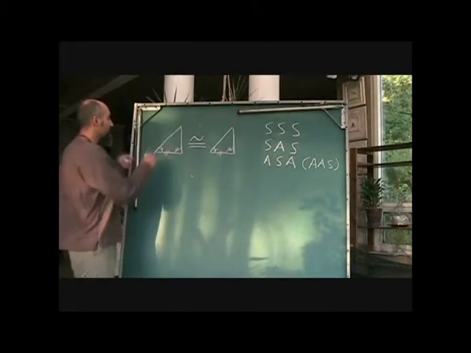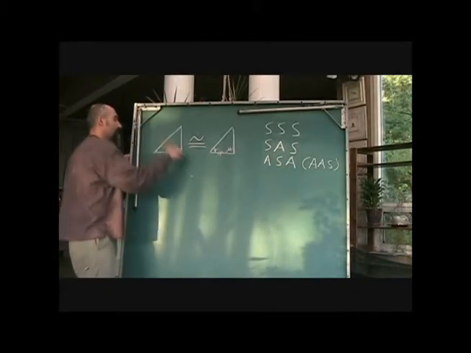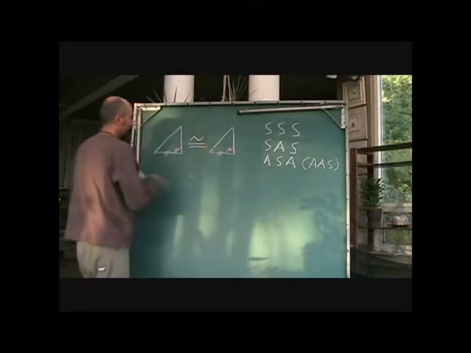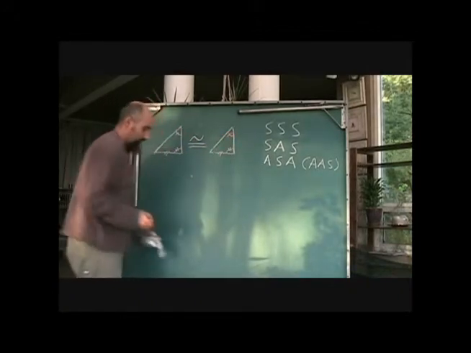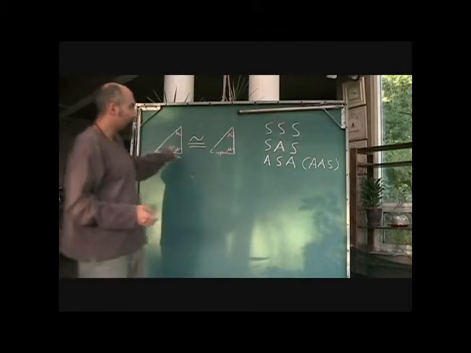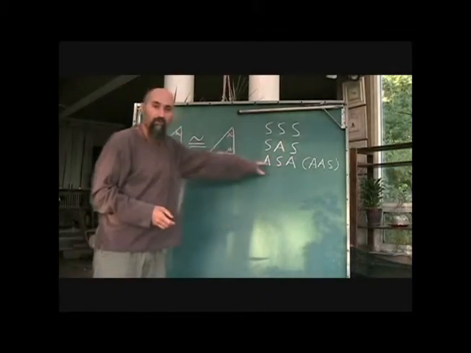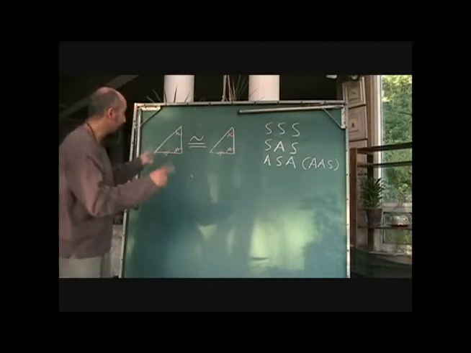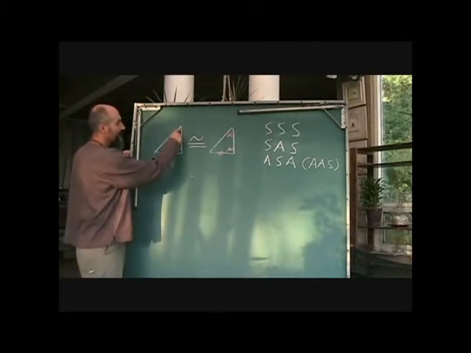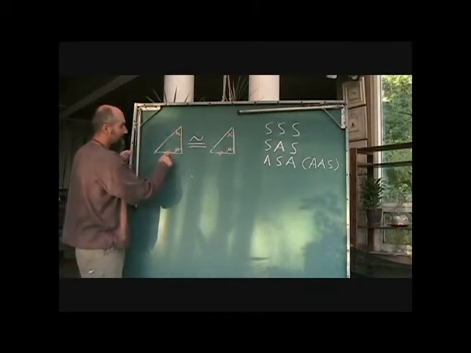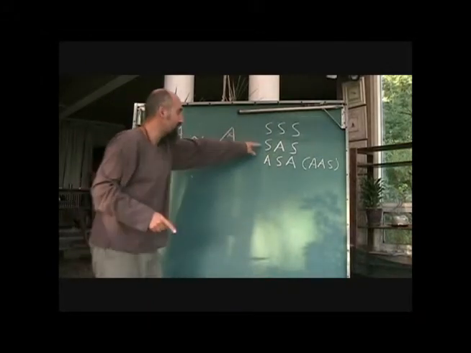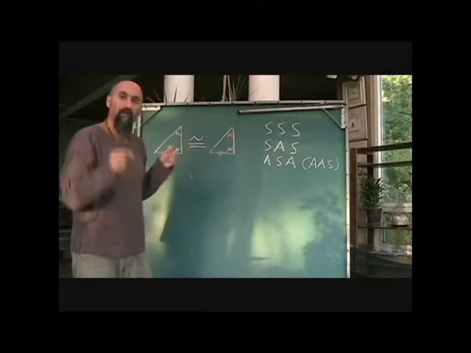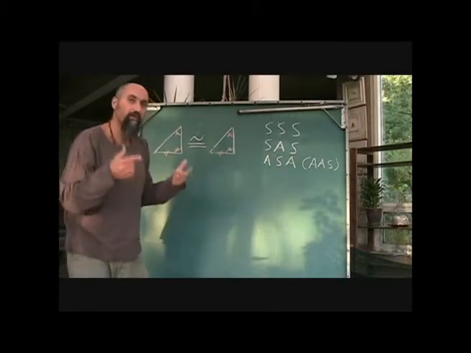Now, in this situation, if they give you, let's say, this angle equals this angle, right now you don't have angle, side, angle, because they have to follow each other. You can't skip anything. So right now you have angle, angle, side, and you're skipping the side. So you have neither of these three situations. But the sum of the angles in a triangle equals 180.